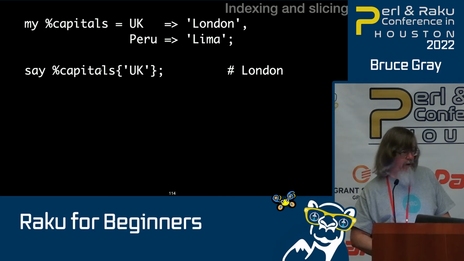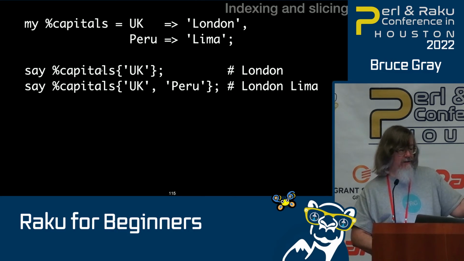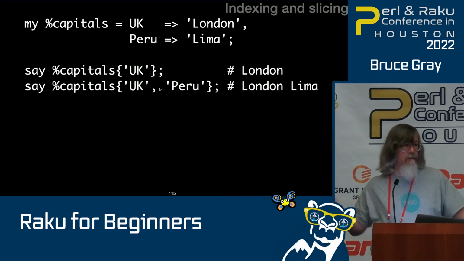And that's true whether we're talking about an entire hash or a piece of the hash or multiple pieces of the hash. It's not only easier to teach, it makes it intuitive how to get multiple values out of a hash in one call. You just stick in multiple keys, you get multiple values out.